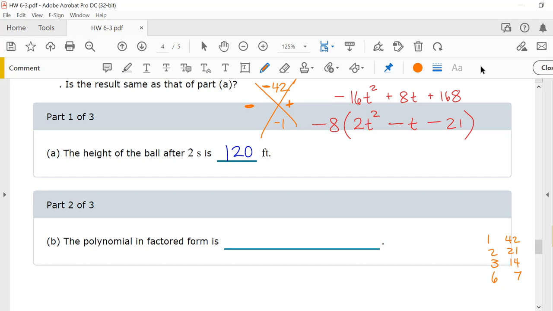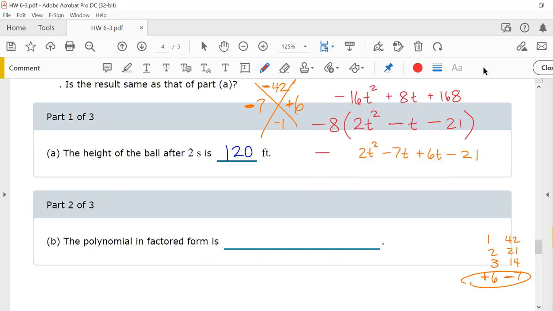Okay, if I do positive 6 plus negative 7, I'll get negative 1. Positive 6, negative 7. Okay, so I'm going to rewrite it as 2t squared minus 7t plus 6t minus 21.